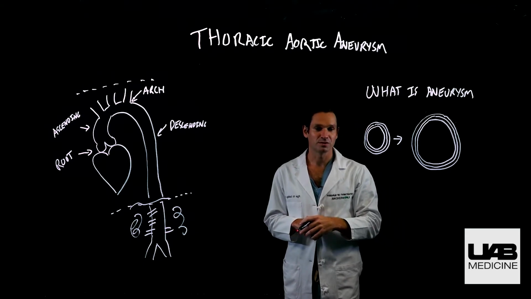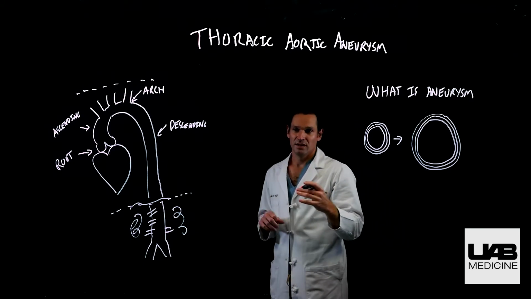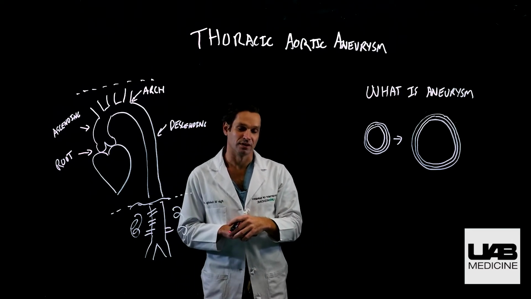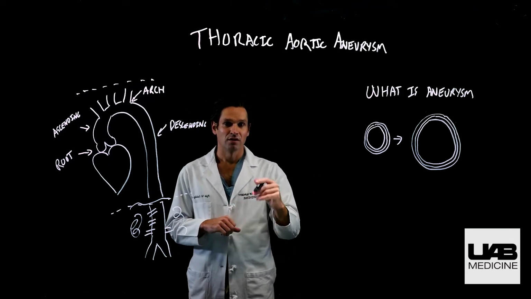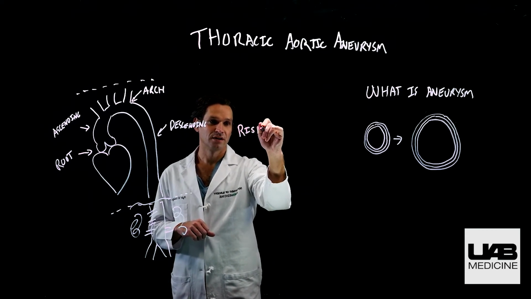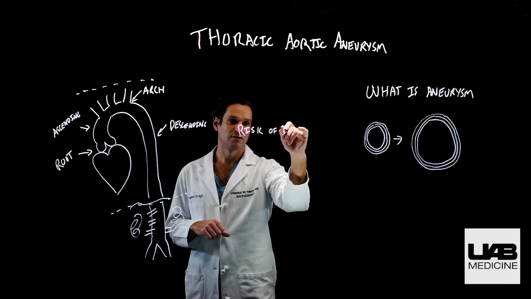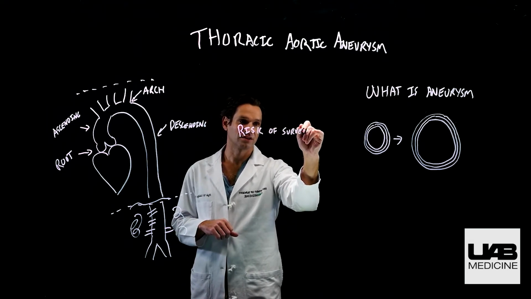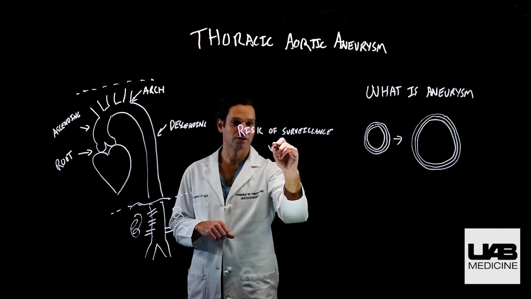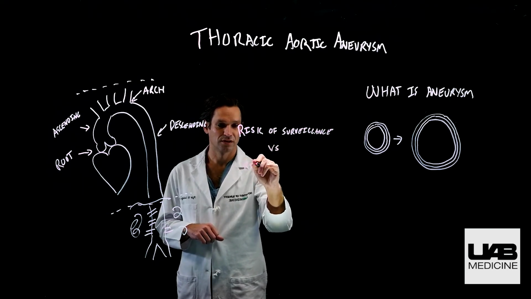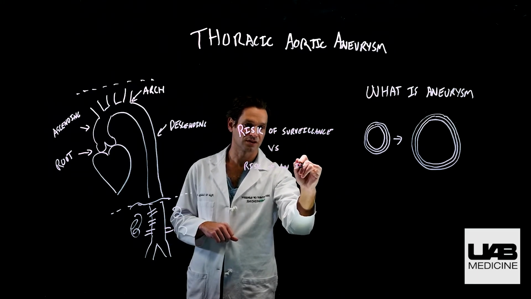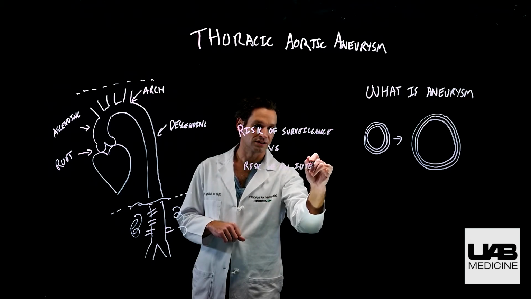So ultimately, what does all this mean? Unfortunately, there's a lot of nuance in how we treat aneurysms between individuals. Ultimately, the biggest thing we worry about is the risk of surveillance, meaning the risk of keeping an eye on the aneurysm, versus the risk of an intervention, meaning the risk of either surgery or a stent.